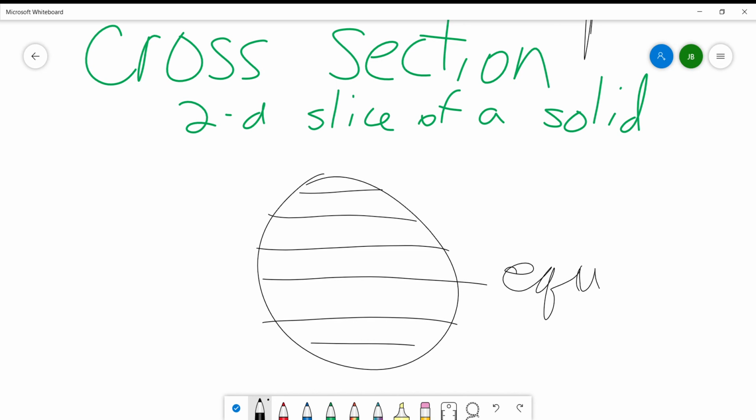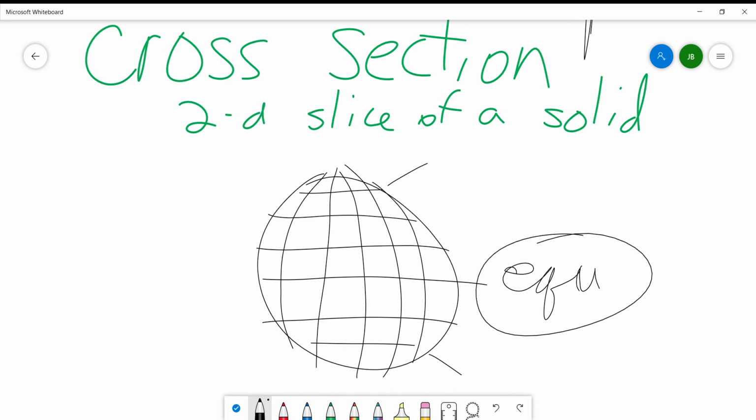Every other, like the Arctic Circle and the Antarctic Circle, they're the tiny ones. The meridians that slice through both poles, the North and the South Pole, they are all the same size, and they're the same size as the equator. I feel like that's a helpful way to visualize a plane slicing through, creating a cross section of the Earth, right?